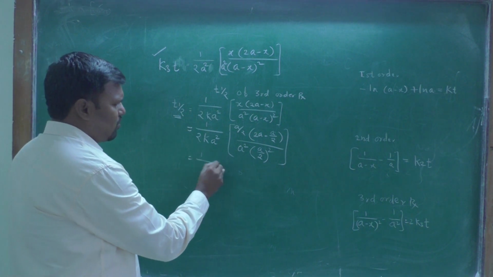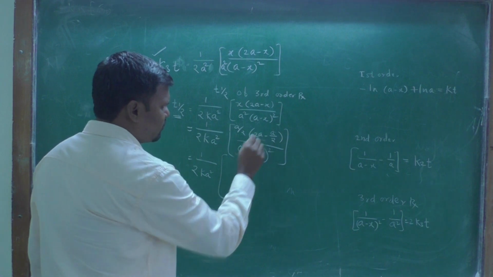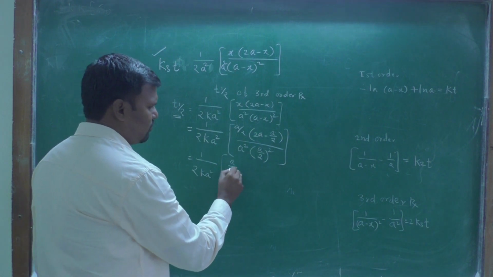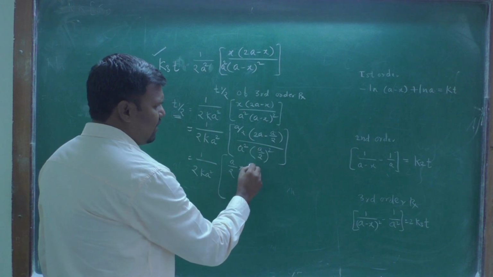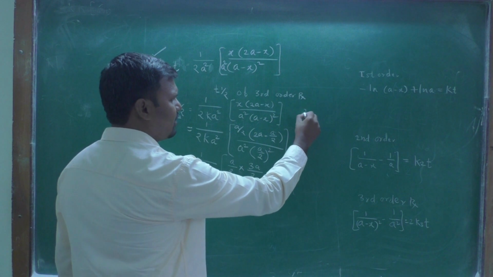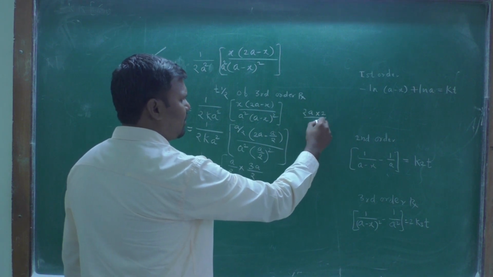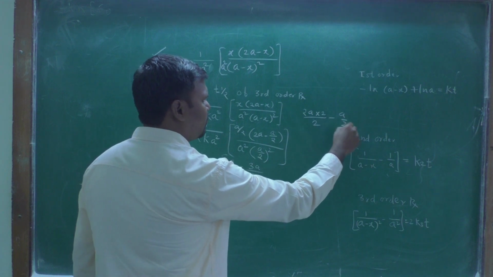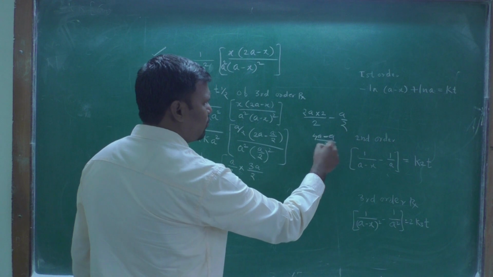By solving this, it is equal to 1 upon 2k a square. By solving this we will obtain 3a by 2. You can solve it like that: 2a, dividing numerator and denominator by 2, minus a by 2, then 4a minus a upon 2.